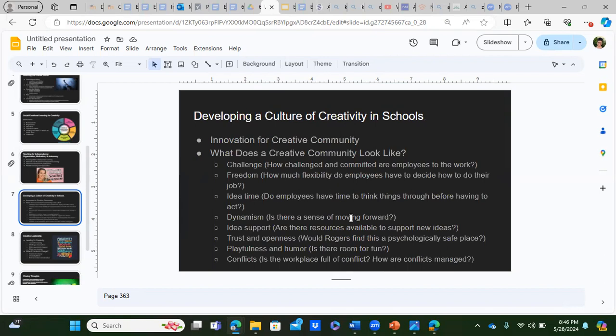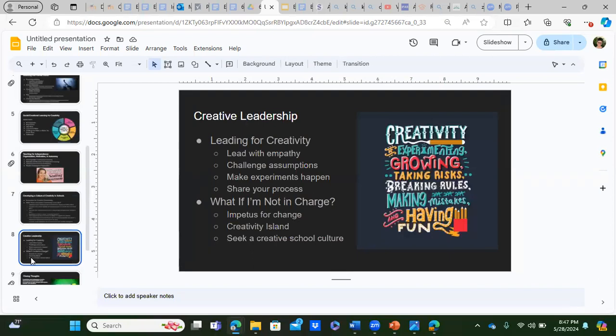Also, if some of these are missing from your existing school culture, consider ways that you, your group, and or one of the formal school leaders can begin implementing some of them. What changes could be made to the environment to include more of these? Your book is going to discuss each one of these in greater detail, so make sure you check those out.